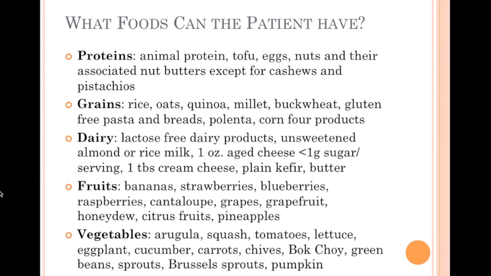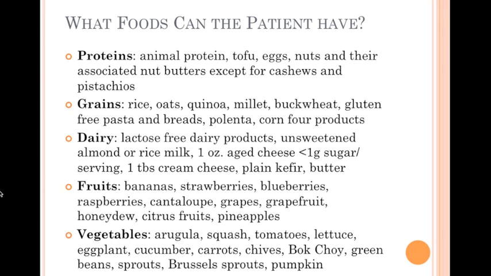Gluten and wheat-free grains are also low in FODMAP content. And as for aged cheeses, a good rule of thumb is to read the food label to check for any food additives or fillers. You can check the ingredients list and also look for the sugar content on the nutrition facts label.